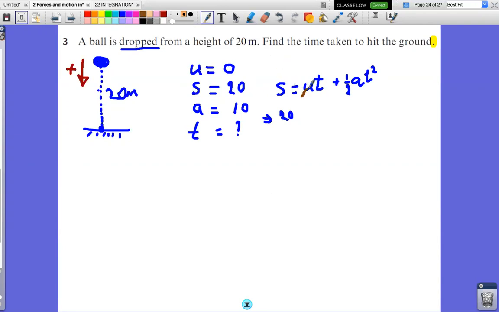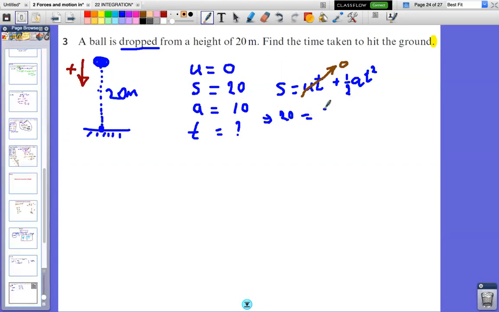I always like to do it like that. Since u is 0, this gives us 0. So we get 20 is equal to 5t squared. And so your t should be plus or minus the square root of 4. So it's plus or minus 2, right?